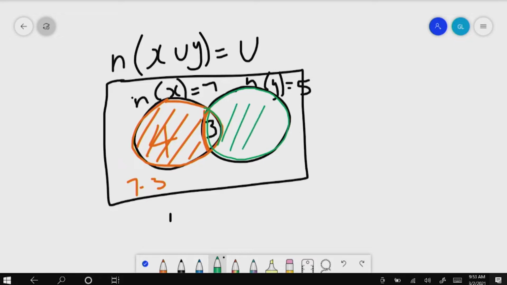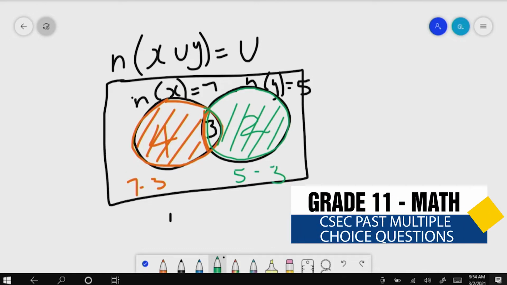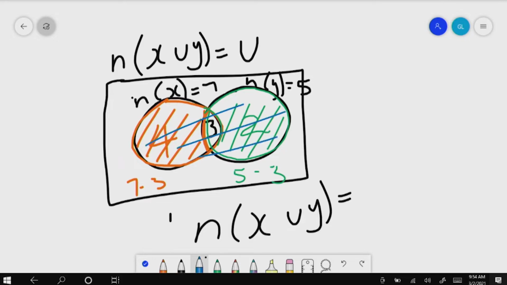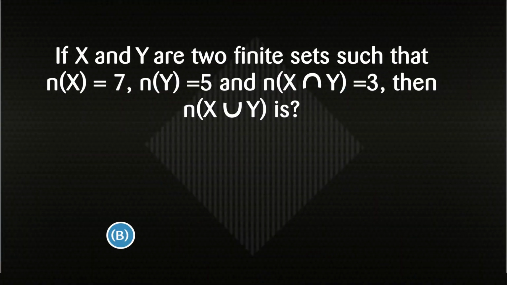Hence, this remaining part here would have been 5 minus 3, which would have given us 2. Therefore, the number in x union y would have been equal to these regions here when we sum them, and that would have been 4 plus 3 plus 2, which would have given us 9. So the solution for this question is B, 9.